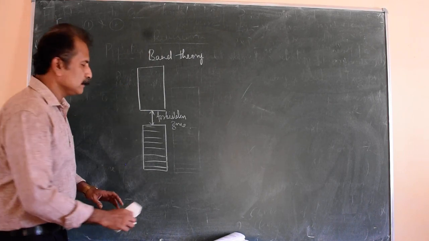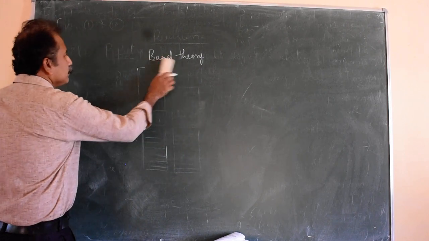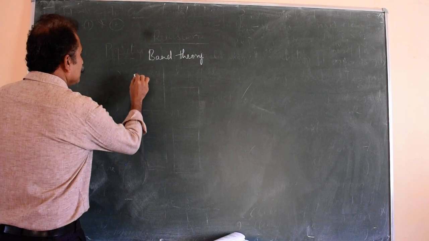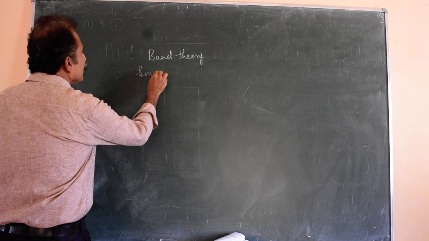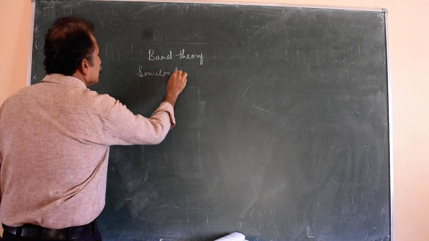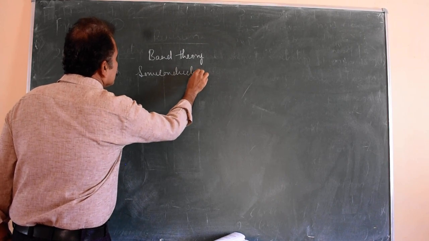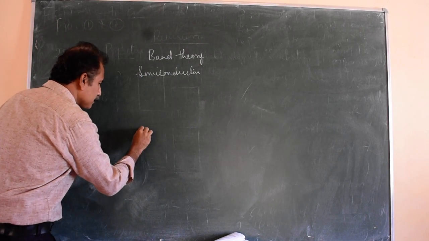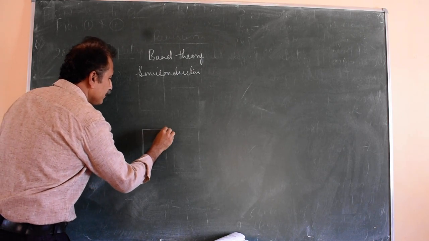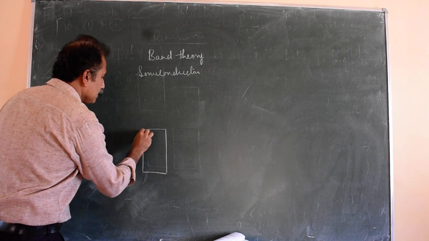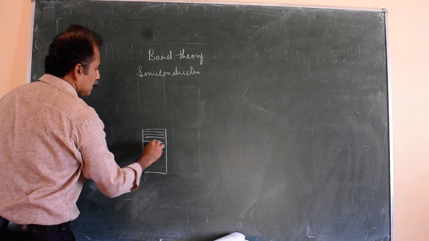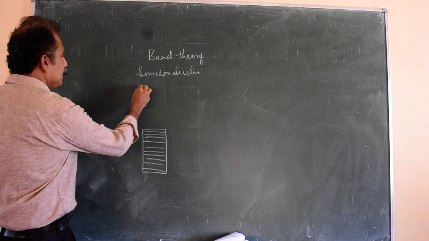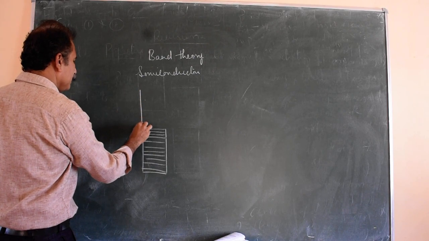Then we have the third scenario, the semiconductor. What happens in a semiconductor? In a semiconductor, there is this band, let us say, which is fully filled, and there is a next higher band.